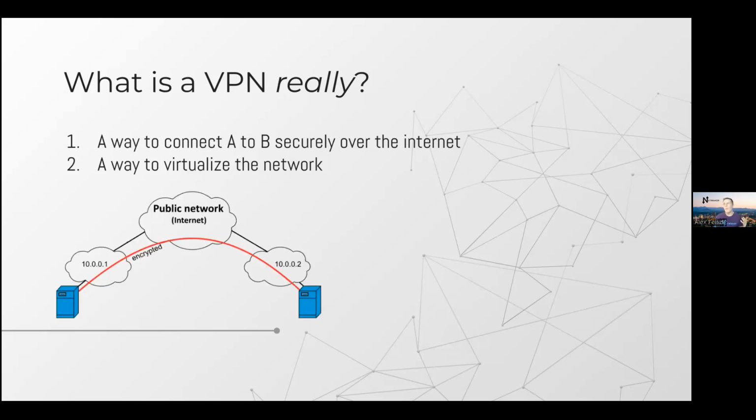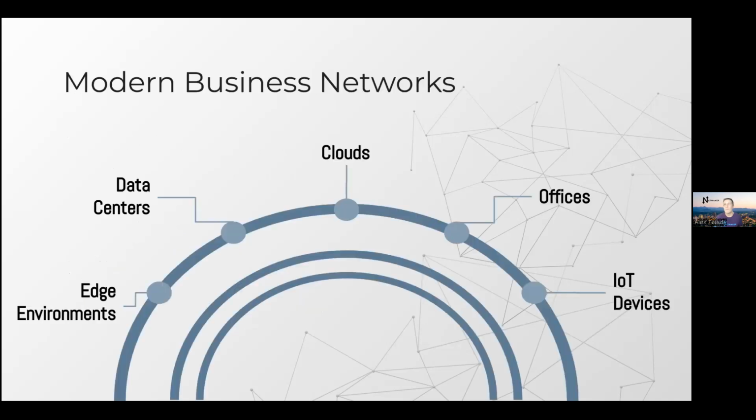So how does this relate to modern business practices and a lot of modern concepts in general? When you look at modern business networks, there are a lot of different environments, typically a lot of disconnected environments, and just a lot going on in general.